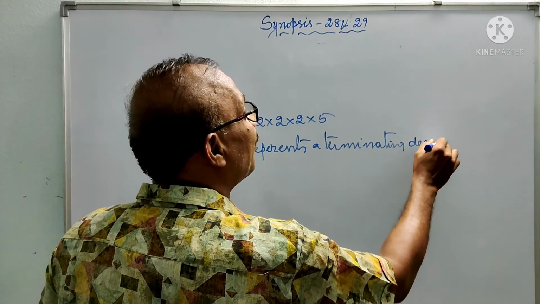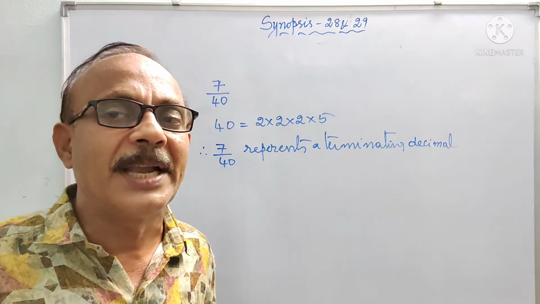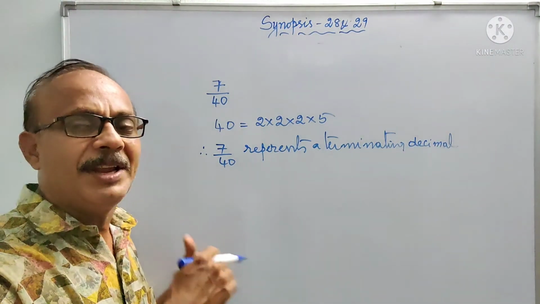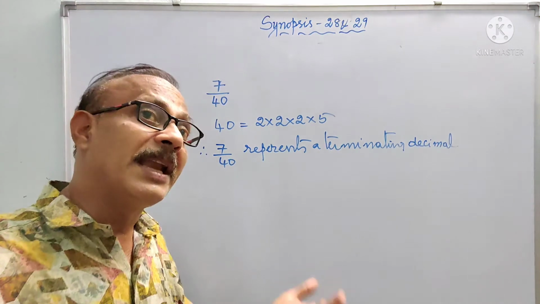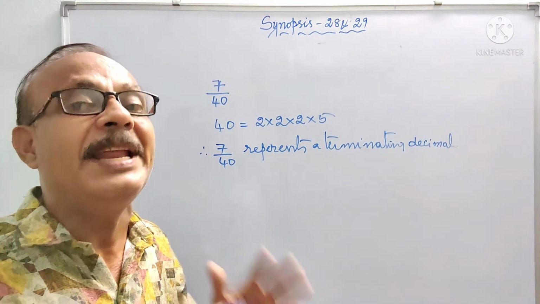If you find any factor other than 2 and 5, it represents a non-terminating recurring decimal. In the denominator, you can have any number of 2's and any number of 5's. You can have only 2's or only 5's, but you shouldn't find any other number.